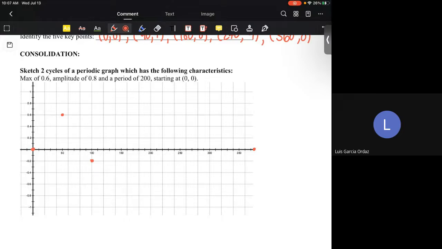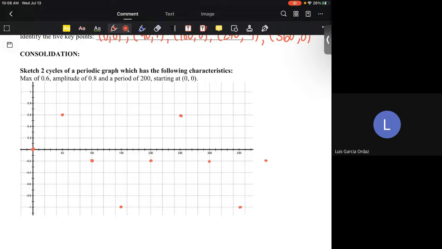So at 150, I'm going to be at -1. Then it's going to continue over here. At 250, it's going to be 0.6. At 300, it's going to be negative 0.2. And at 350, it's going to be -1. And then it's going to head back up to here at 400.